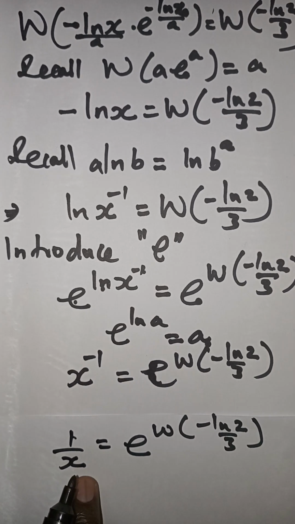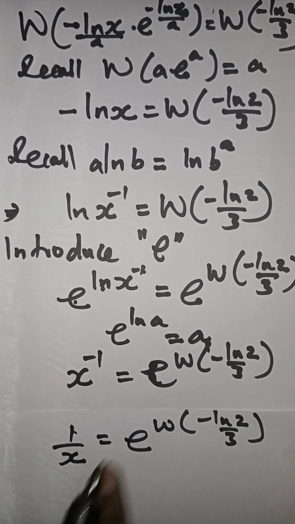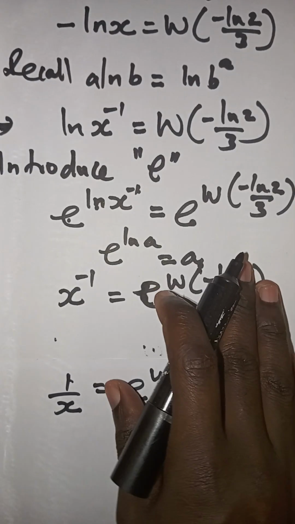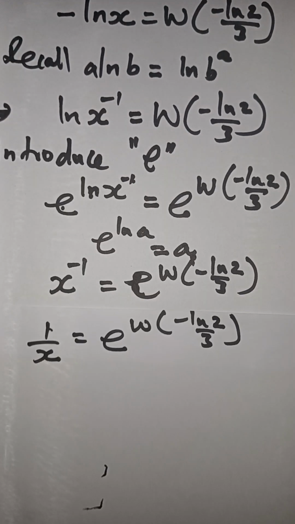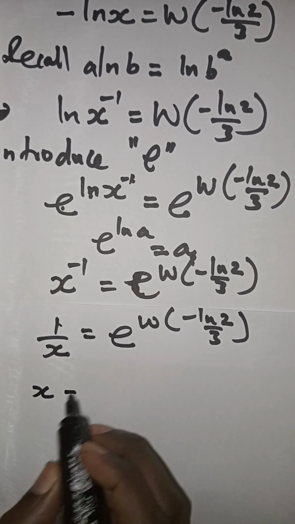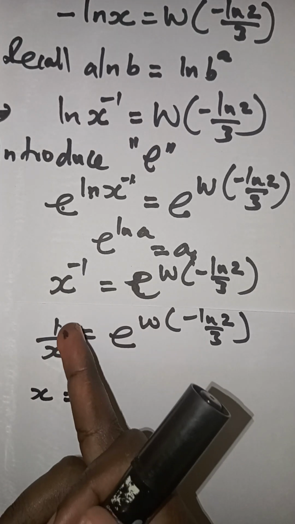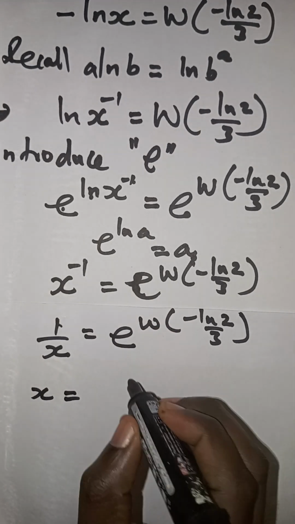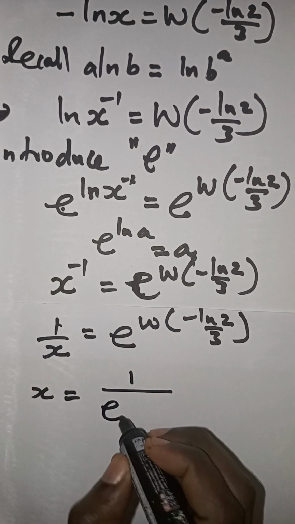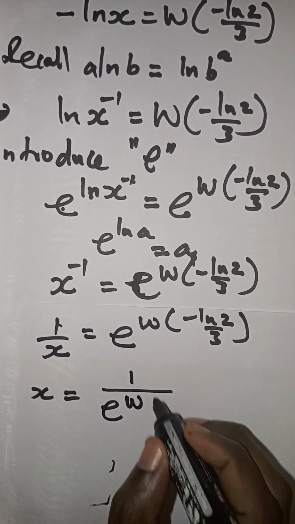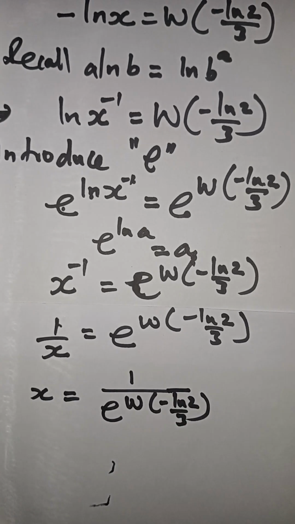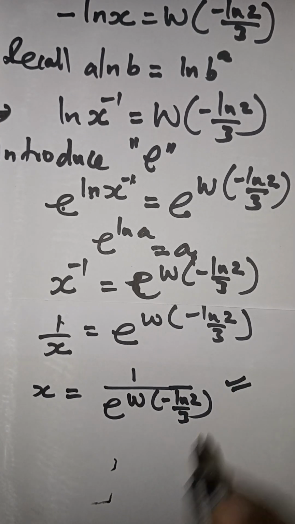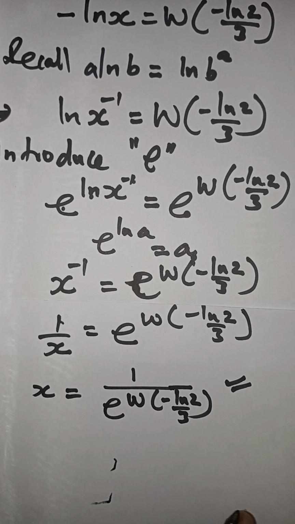So I want to cross multiply or find the reciprocal on both sides so that I end up with my final value of x. The final value of x will be equal to the reciprocal on this side, 1 over the exponential of W natural log of 2 over 3, as our value for the value of x which was required.